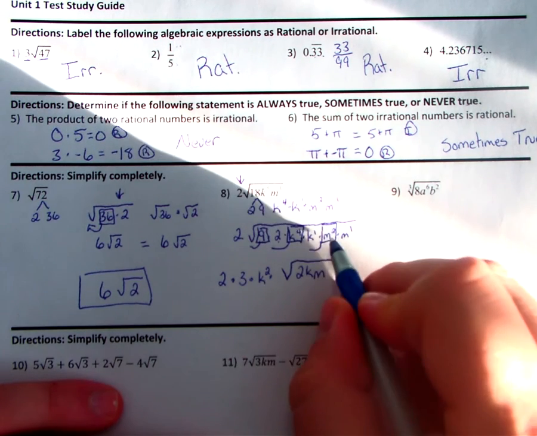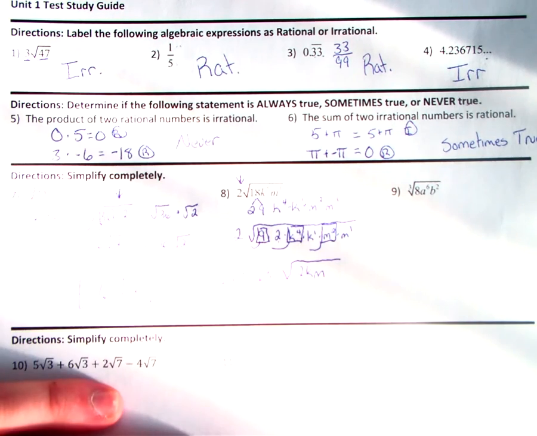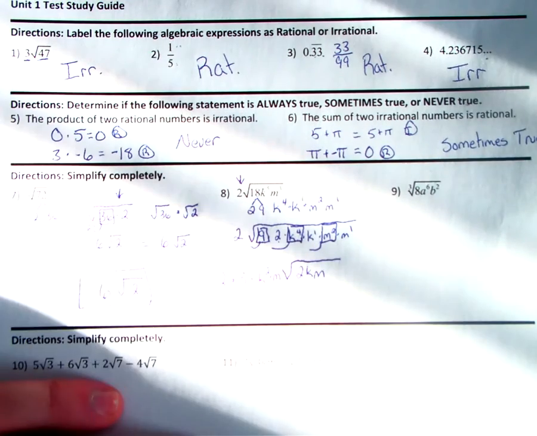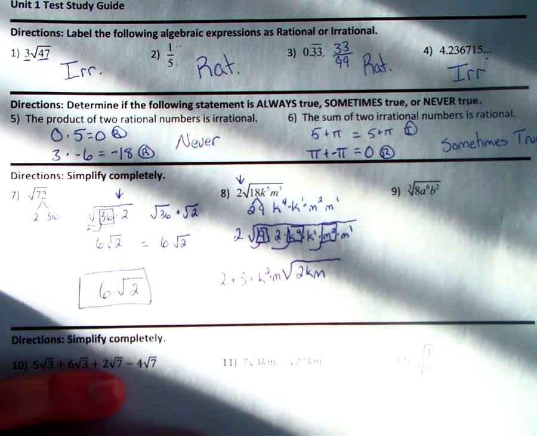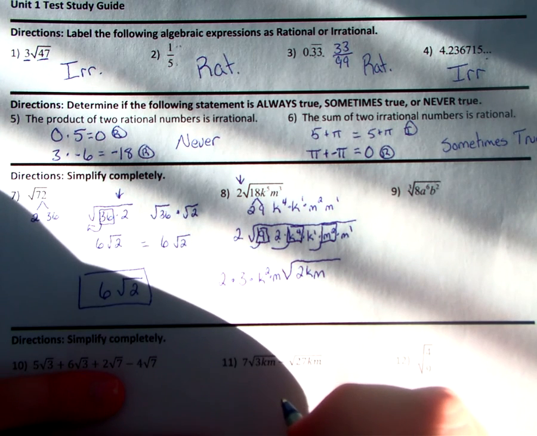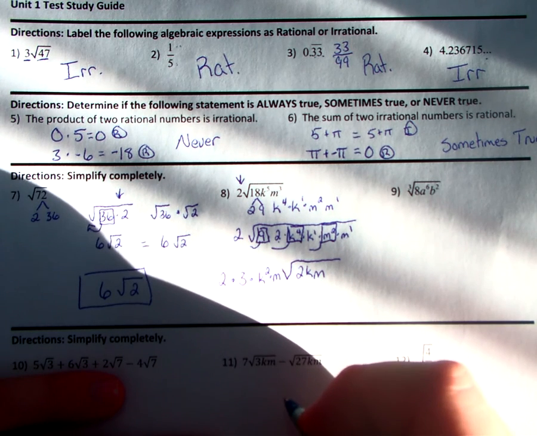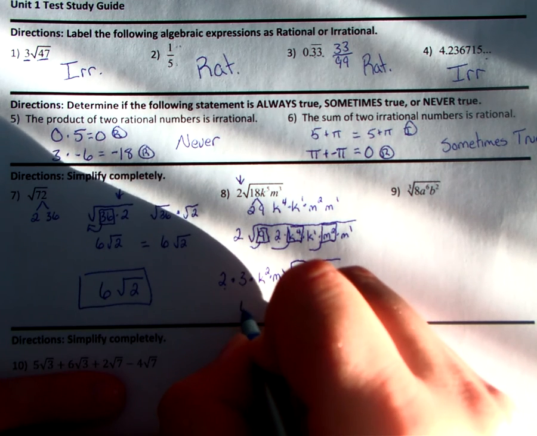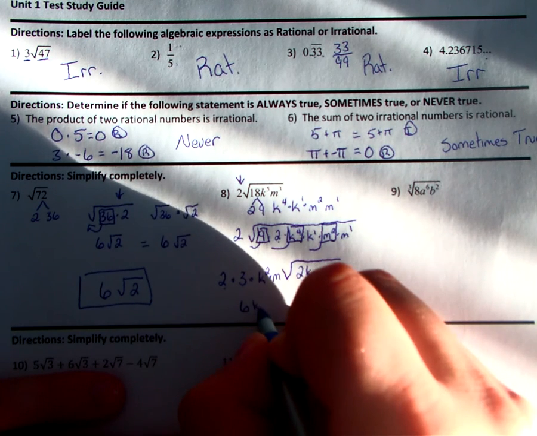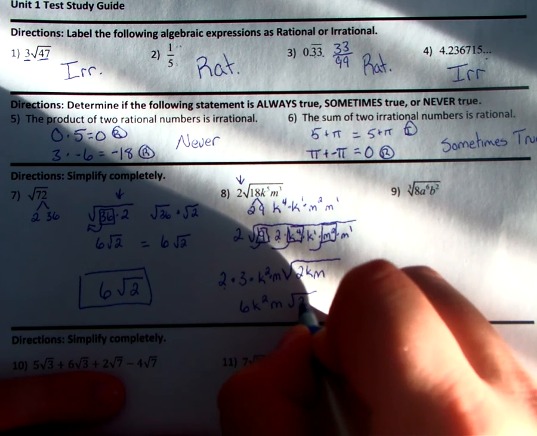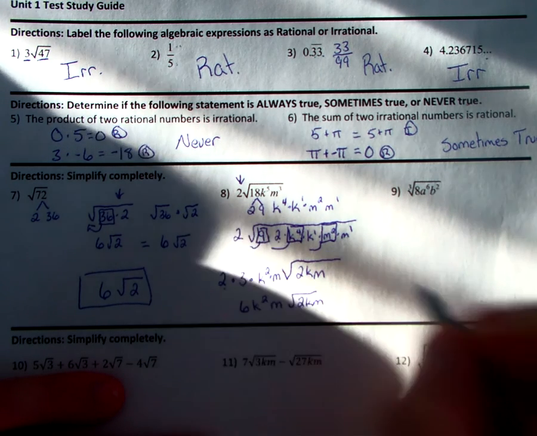We're going to multiply that by the number of m's. The square root of m squared is just m. And we can clean up our finalized answer. Two times 3 is 6. 6 k squared m times the root of 2 k m.